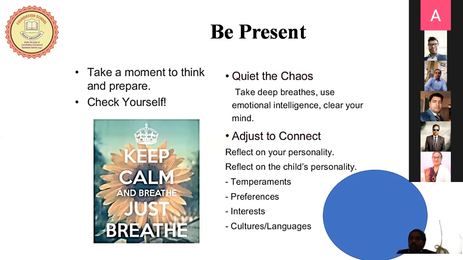Second one is adjust to connect. We need to make a few changes in order to get properly connected with the students. First is reflect on your personality. This is a very important aspect that we should see. Reflect on the child's personality, temperaments, preferences, interests, cultures, languages.